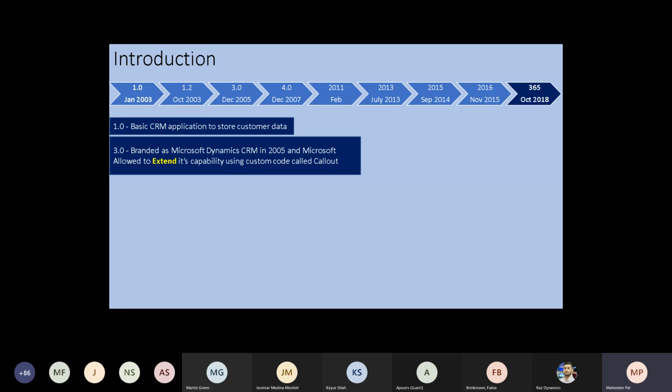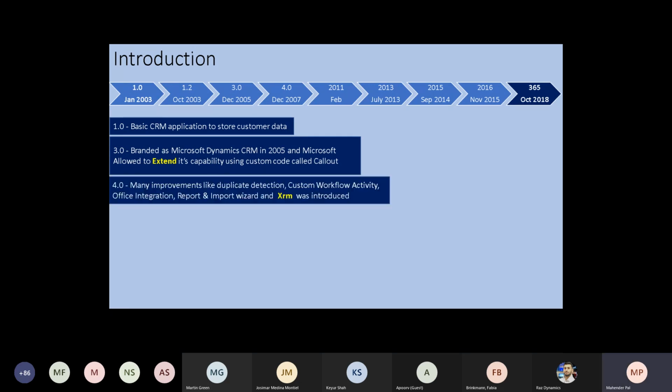I remember this was the first version when I started working with Dynamics CRM. In my first project, we did a web application and integrated it with CRM 3.0, and we implemented duplicate detection. We were basically checking whether a record already existed in the CRM database or not, because there was no duplicate detection feature in 3.0. But from that point they allowed us to extend the capability by writing our own custom code for Dynamics CRM.